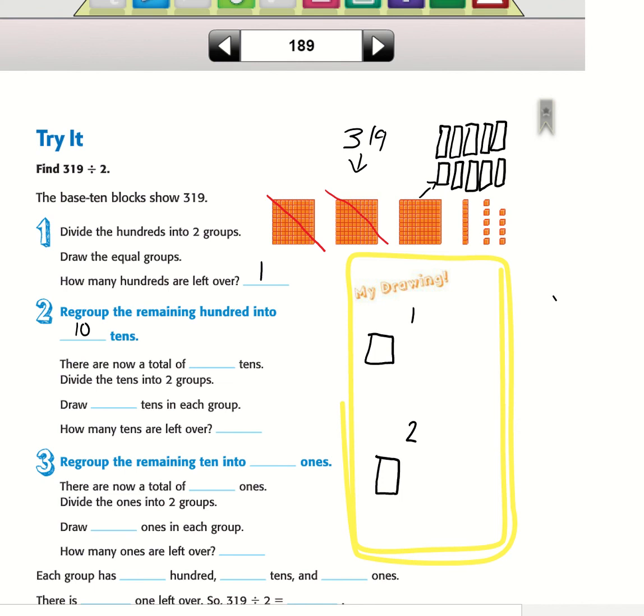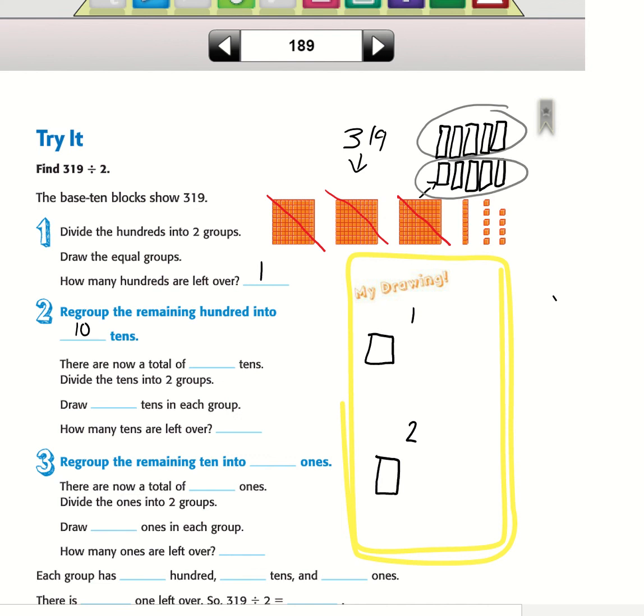So now that I regrouped this last 100 block into 10 tens, and cross that out, I can put these 5 here in one group, and I could put these 5 here in one group.